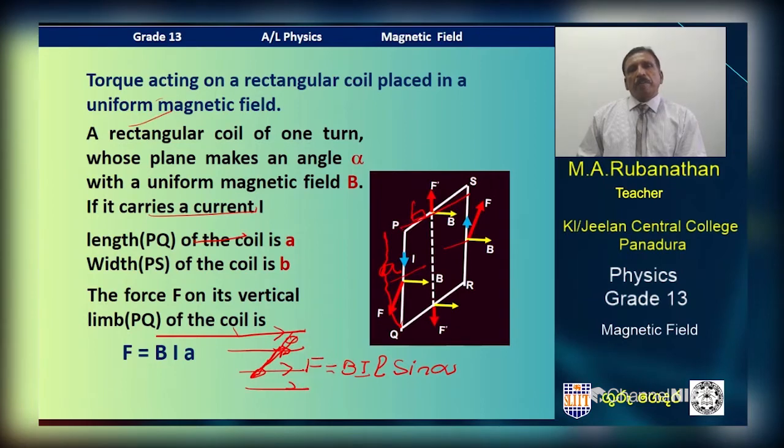Therefore, we can write BIL, where L is equal to A. So the final result is BIA. This is the force acting on the limb PQ.